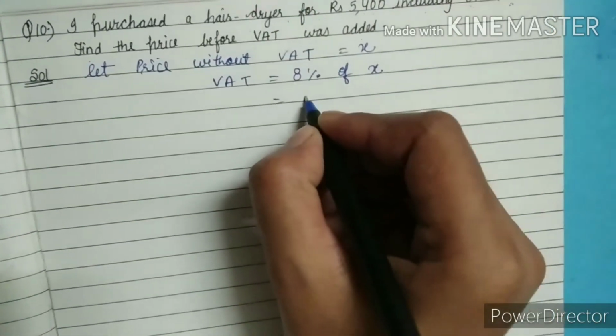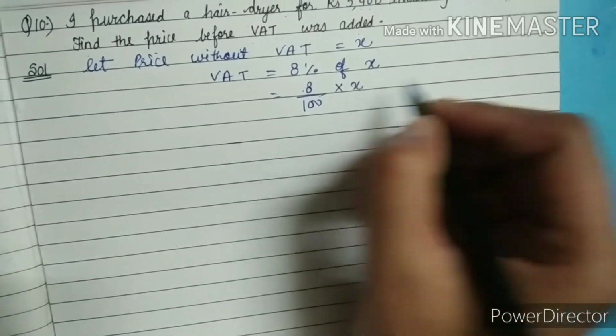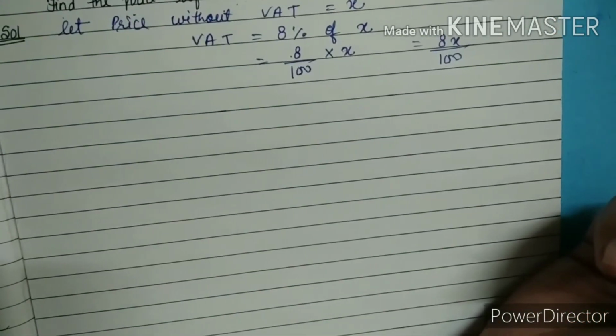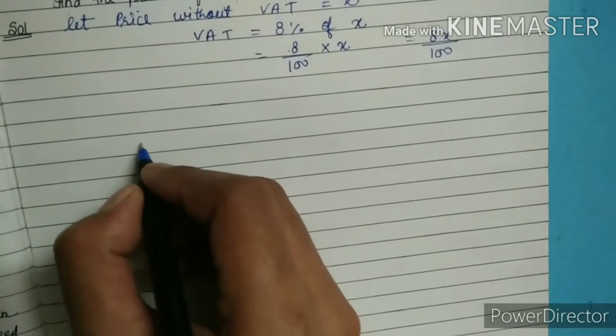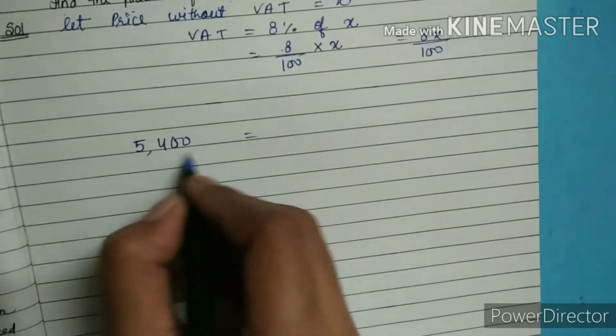So when we remove the percentage symbol, 100 will come at the downside and multiplied by x, it will become 8x by 100. Now here we have 5400 rupees. What is this?